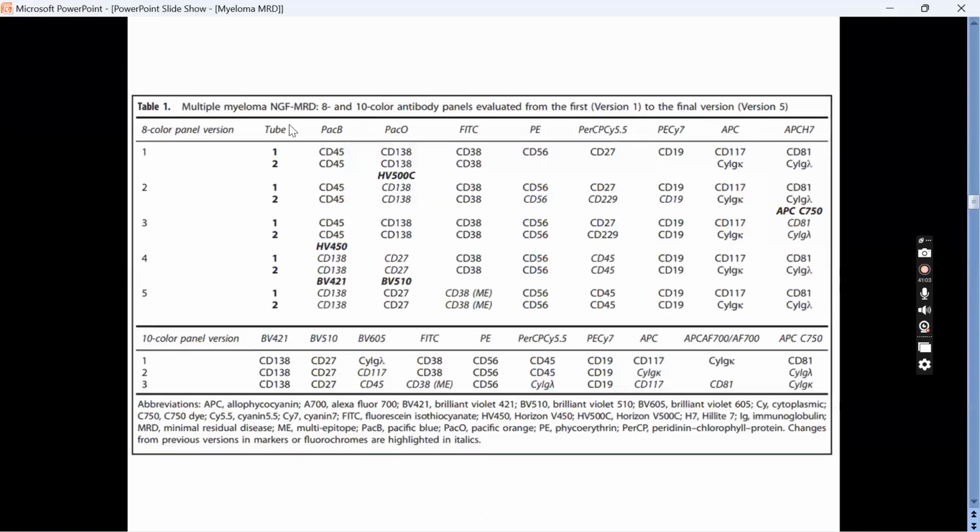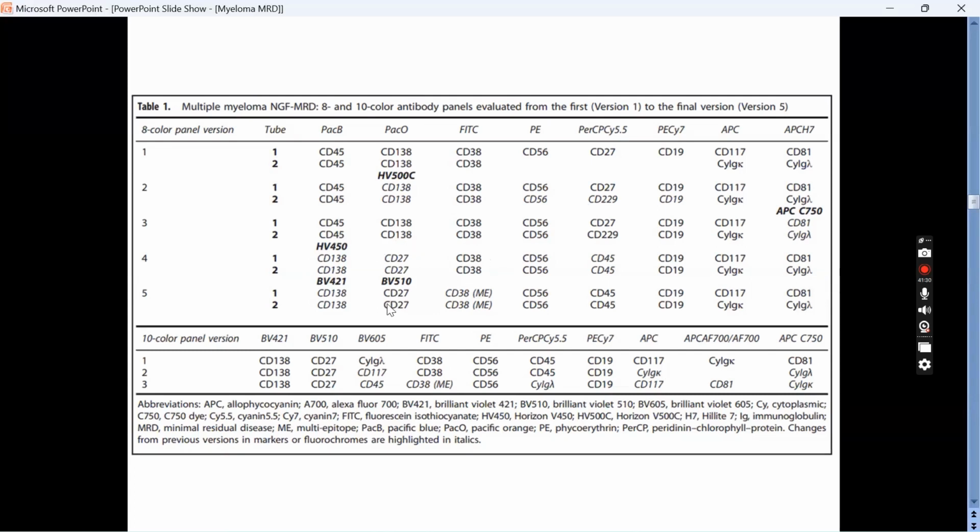So these are different panels as described by the EuroFlow. If you are using an 8-color flow cytometer, you need to run two tubes with these combinations. So 5 different combinations, or 5 different panels, have been shown to you. If you are running 8-color flow cytometry, you need to use 2 tubes, and these are the compositions of the tubes.